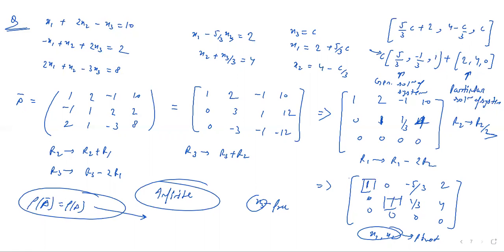Okay, now let's talk about the consistency criteria. If we have determinant of A not equal to 0, that means we have an invertible matrix.